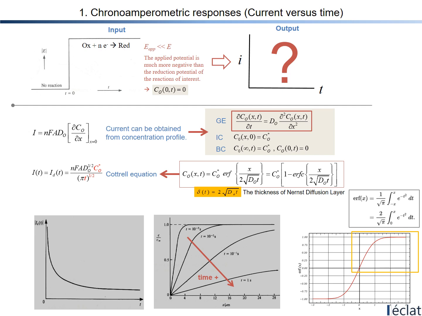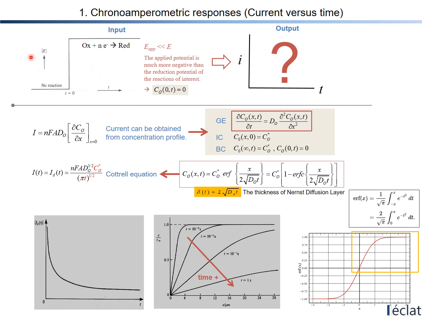The concentration profiles could be obtained by using Fick's second law. Anyway, we have those two equations. Then by using those two equations, we could solve for chronoamperometry, chronopotentiometry and voltammetry.